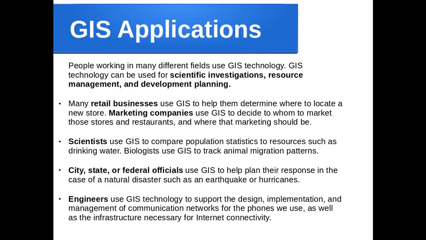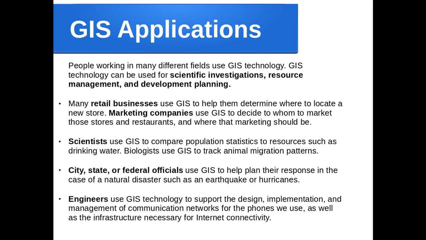And finally, what are the applications of a geographical information system? For instance, people working in different fields use geographical information systems as a technology in order to perform scientific investigations, management, and development and planning.